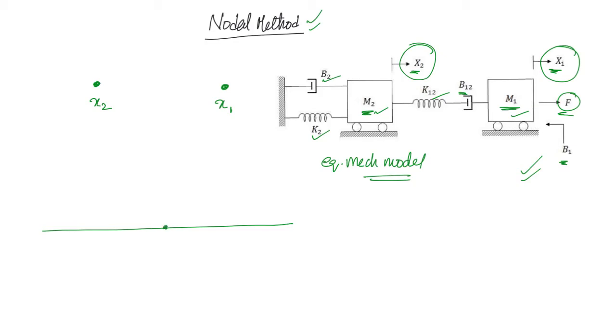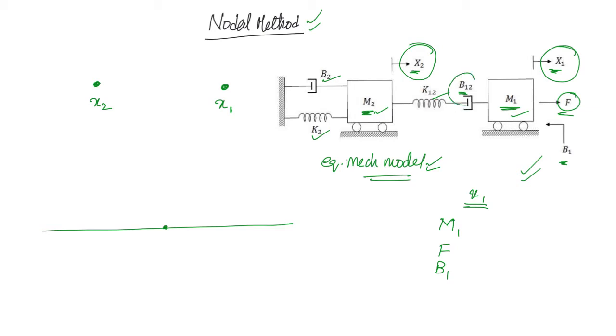Now what we have to do is find the elements corresponding to each of the displacements that we have to represent in this equivalent mechanical model. If you take the displacement x1, what are all the elements that are associated with it? You have mass m1, you have force F, you have friction b1.